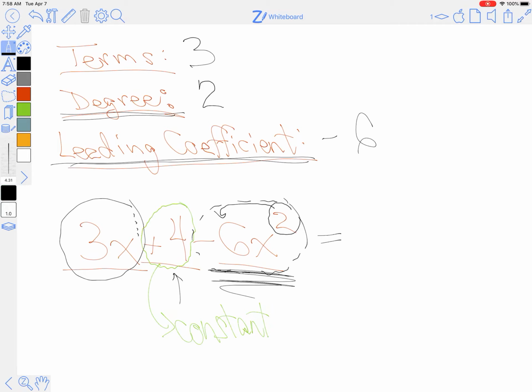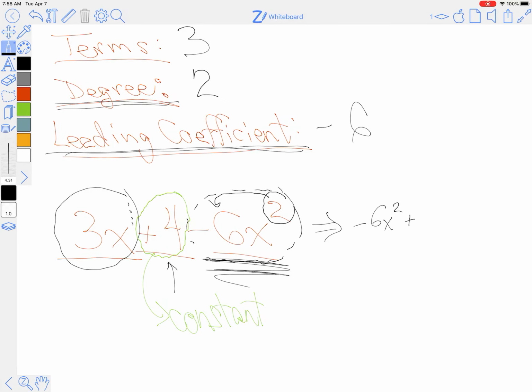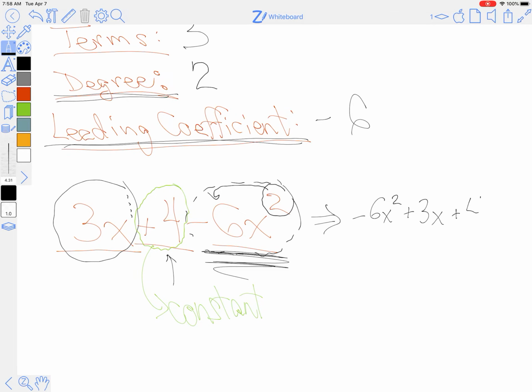So if I were putting this problem in order, my negative 6x squared would come first because that's the highest exponent. The next highest exponent is my positive 3x from the front there. Positive 3x. And then I have left my constant at the end.